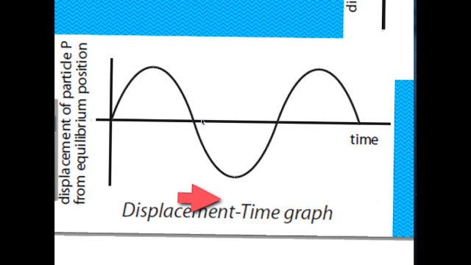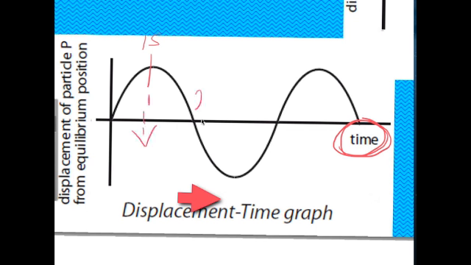So notice that on this axis, our x is time. And so after 1 second, the material has reached its maximum, and then it's going to start to come down.